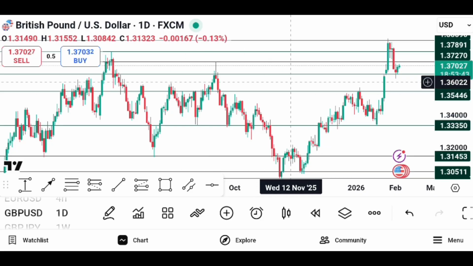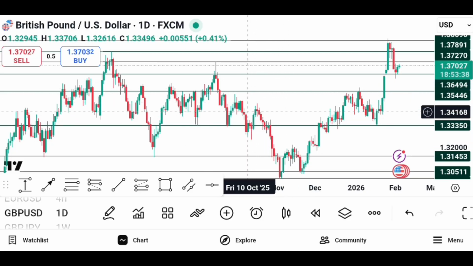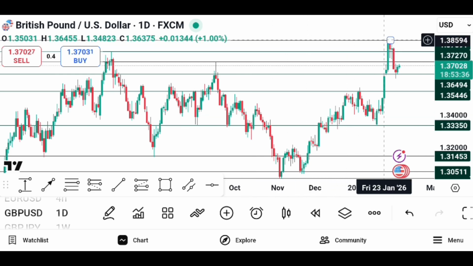So right now we've marked out the critical levels we have on this chart, and we can see how price is reacting to the price first.